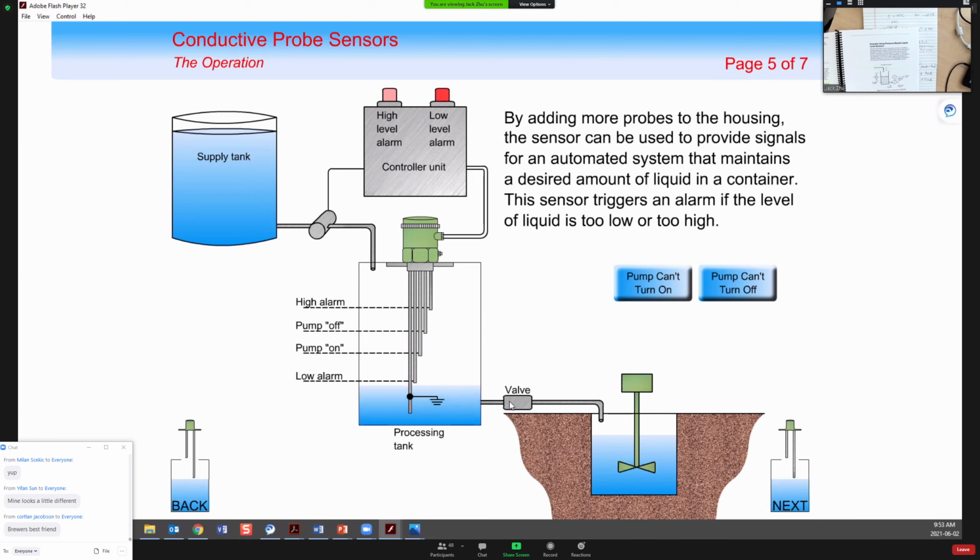So they actually will control a certain amount of liquid inside this tank. If too high or too low, they will give you the warning signal. They will stop the pump from working.